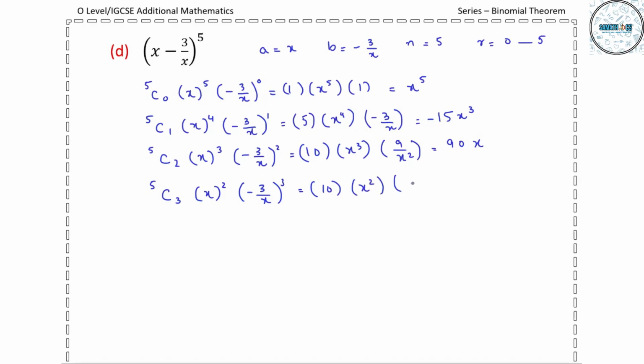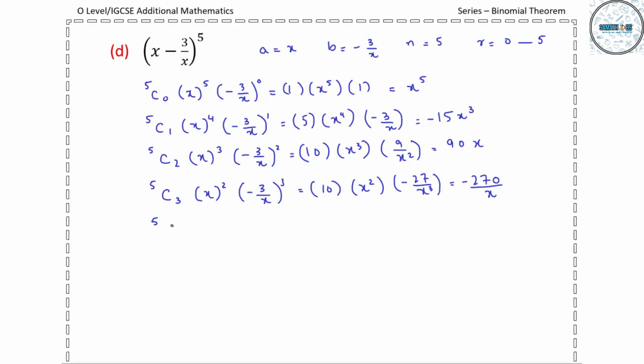Negative 3 upon x would be negative 27 divided by x cube, which is equal to negative 270. X square divided by x cube will be 1 upon x. So x will be there in the denominator.